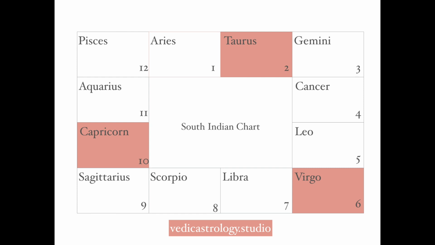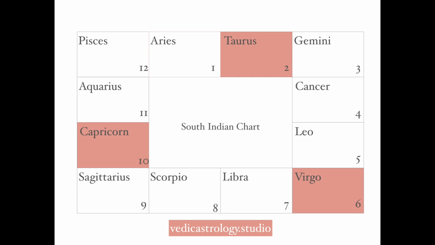They love accumulating things. And they're ruled by different planets, so they're similar, but they're also different. It depends on the planet that's ruled by them. Taurus is ruled by Venus, Virgo by Mercury, and Capricorn by Saturn. But they still have that fundamental similarity of the earth sign.